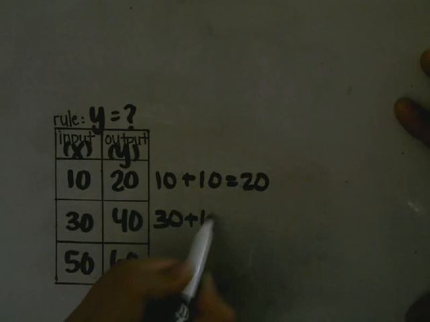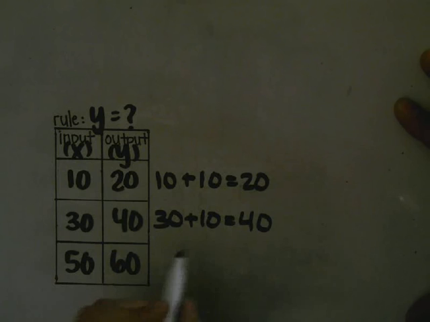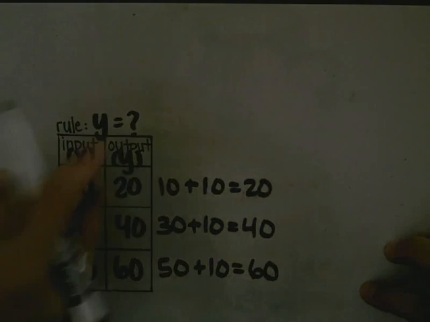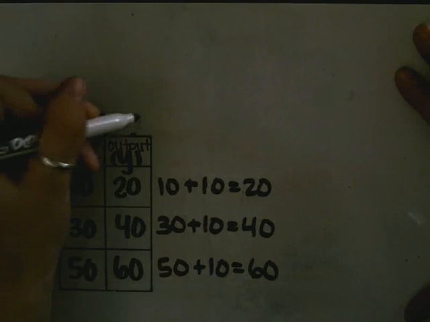That one works. Plus 10. That one works also. So we now know our rule. And our rule is going to be the X value plus 10 is going to give us the output value, or Y.